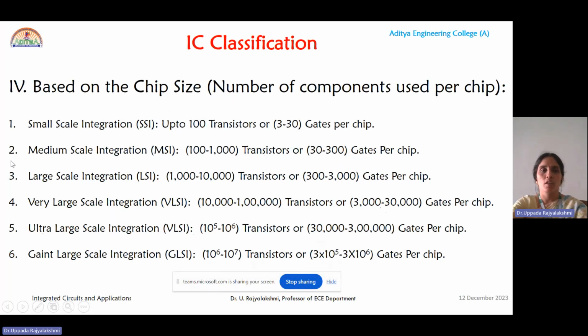In the present era, giant large scale integration has also been invented, or is under process, where 10^6 to 10^7 transistors are used, or 3×10^5 to 3×10^6 gates can be used per chip.